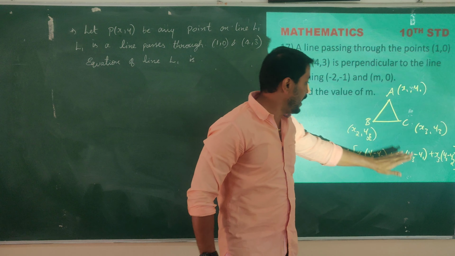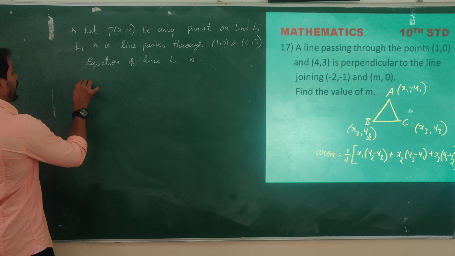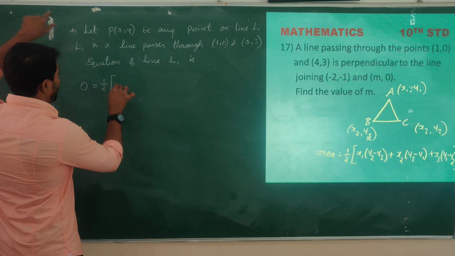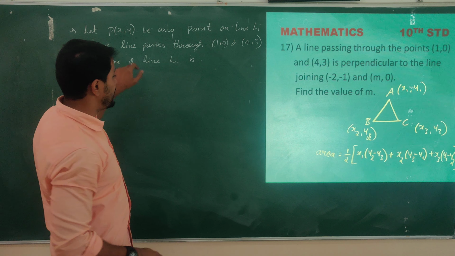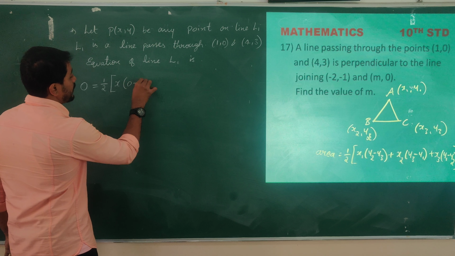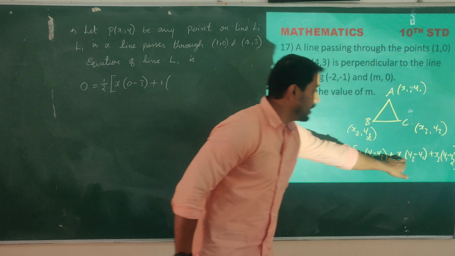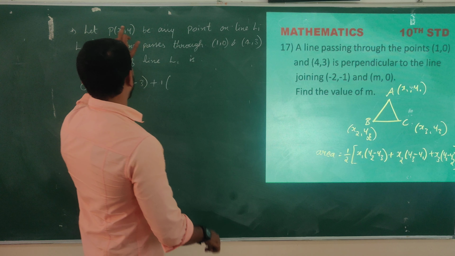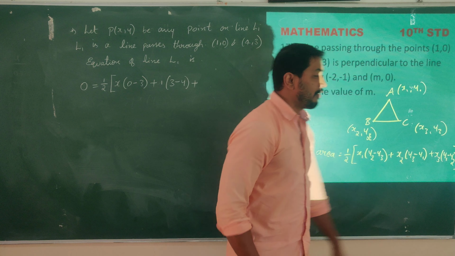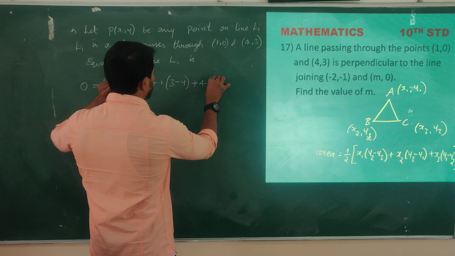Substituting these values, the area is 0, so 1/2 times x times (0 minus 3), plus 1 times (3 minus y), plus 4 times (y minus 0).